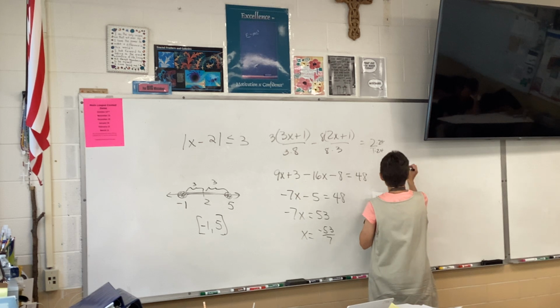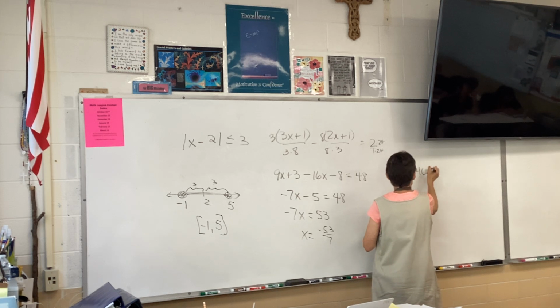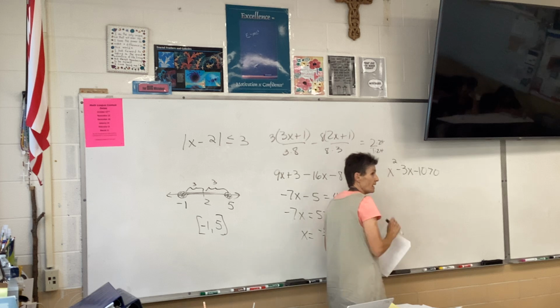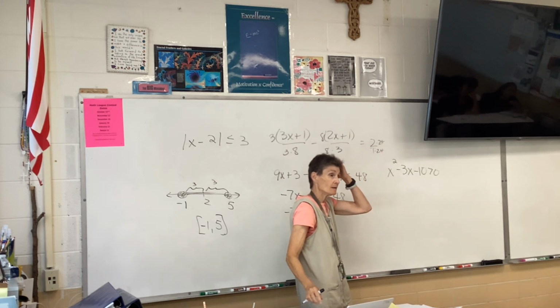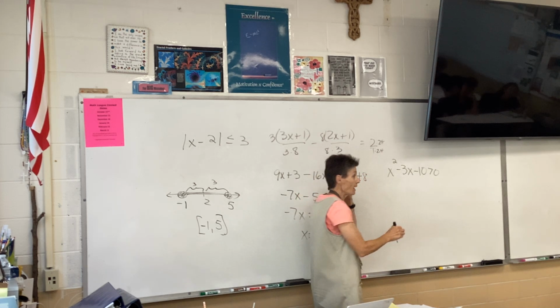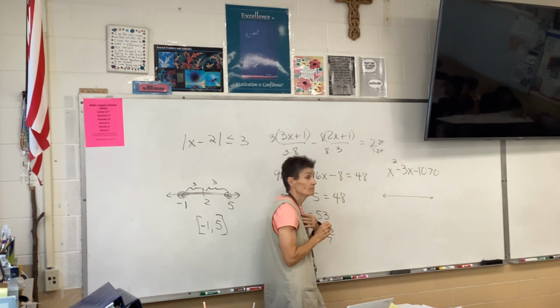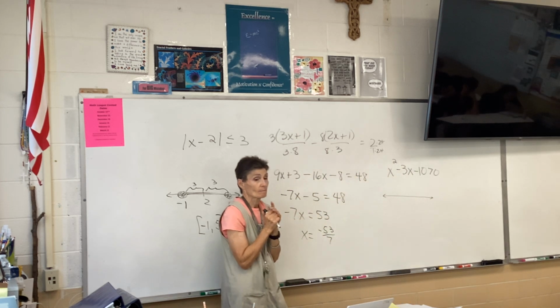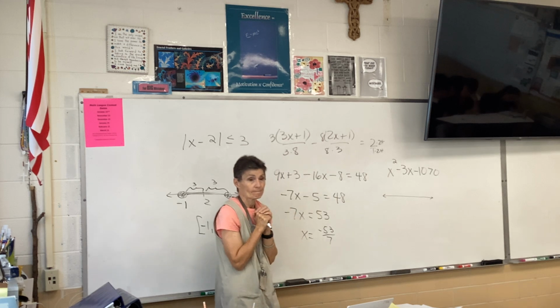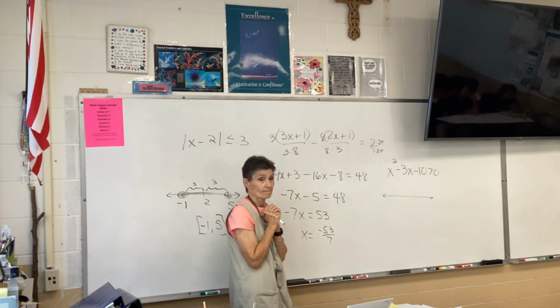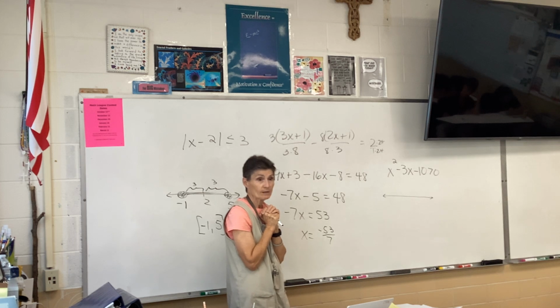We have some more solves. Here's another solve. But this one has an inequality, which means I'll have a number line. What do you think I should do? Factor it.